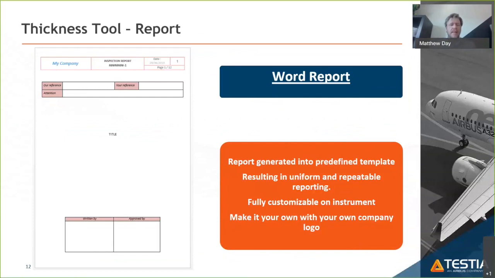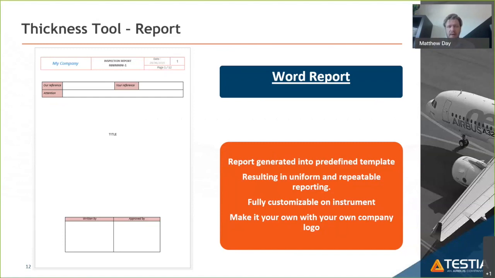So the Word report is a predefined template. The reason why it's a predefined template is so that the system can automatically populate and generate specific areas within the report, which we'll see very soon. It's free text boxes.